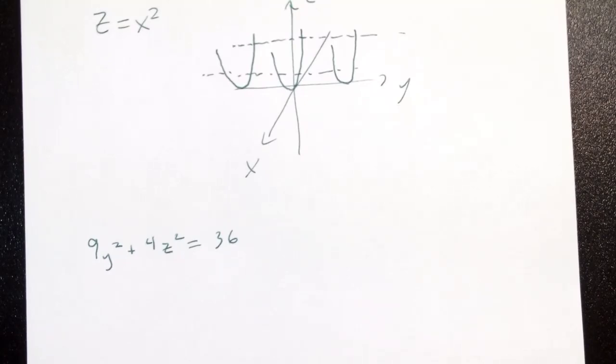My first reaction, I'm missing a variable. This is a cylinder. I just need to know what the base curve looks like. So I know it's a cylinder over what? So I'm going to think of this in 2D. Only the two dimensions are the y and the z. What is this equation in y and z?